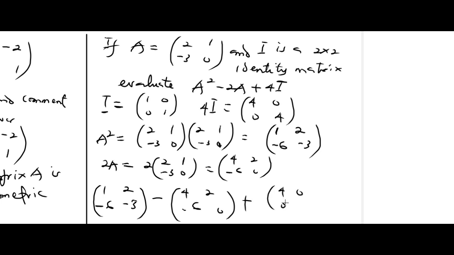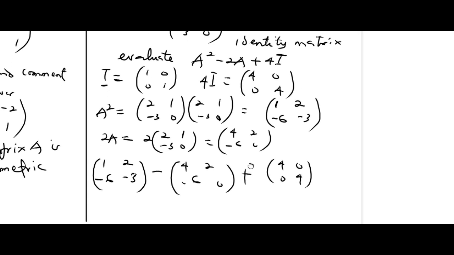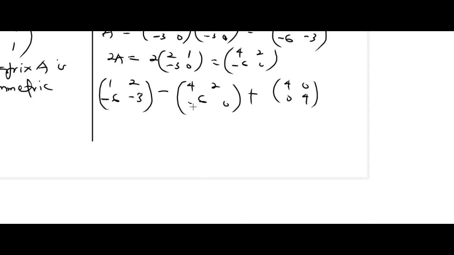That will be 4, 0, 0, 4. So that will be 1 minus 4 plus 4 will give us 1. Then this is 2 minus 2 plus 0. That will give us 0. This is negative 6 minus 6. That is 0 plus 0. That is 0. Then this is negative 3 minus 0. That is negative 3 plus 4. And that is 1. So our final answer is 1, 0, 0, 1.